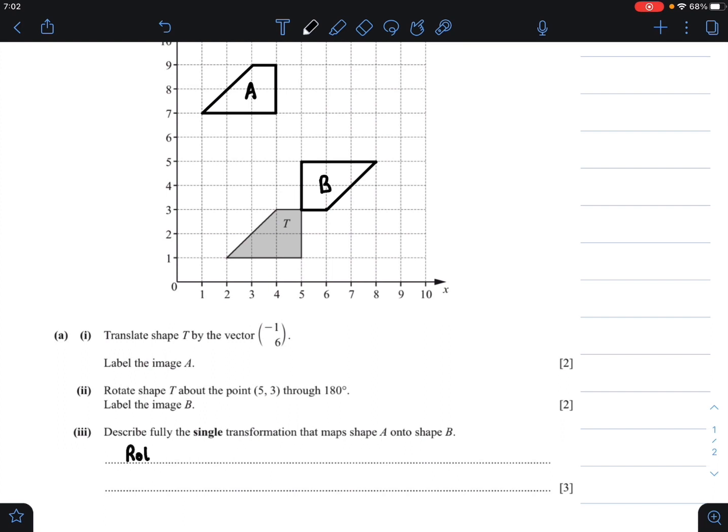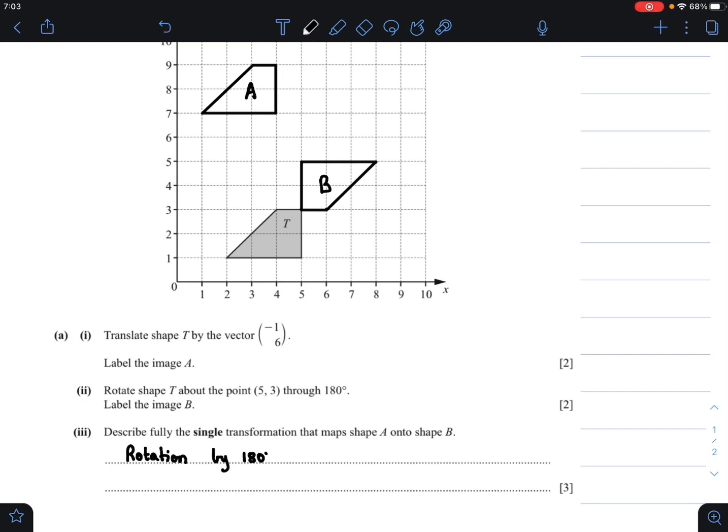So by simply writing that it is a rotation will give you 1 mark. Now if you write by how many degrees it rotates, they'll give you another mark. So rotation by 180 degrees, and for the third mark, you have to write at what point it gets rotated.